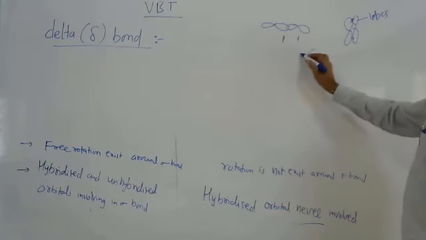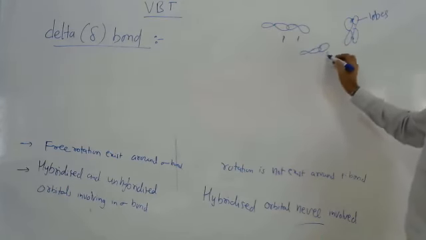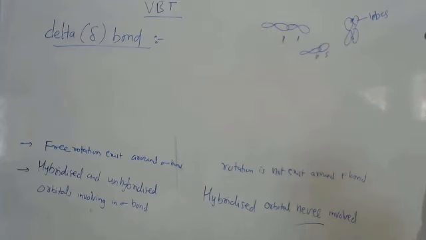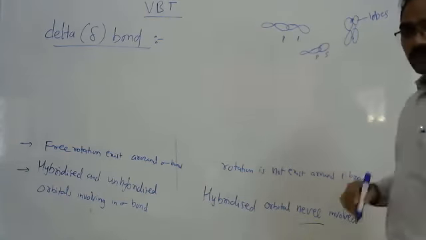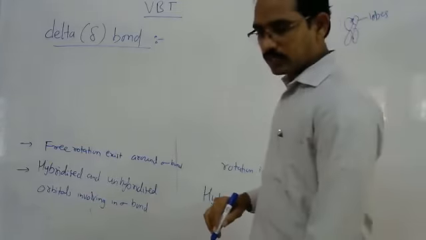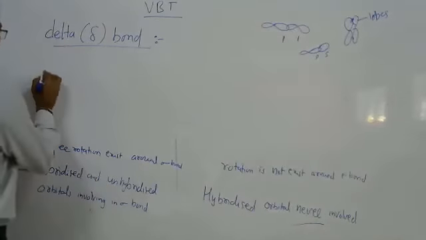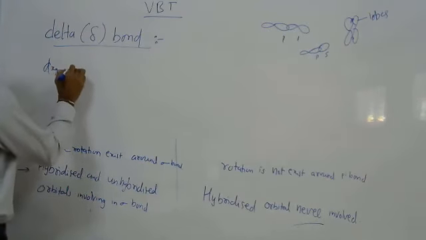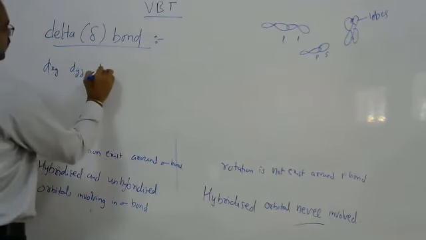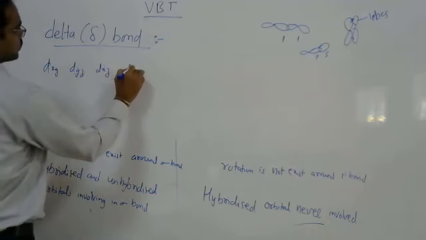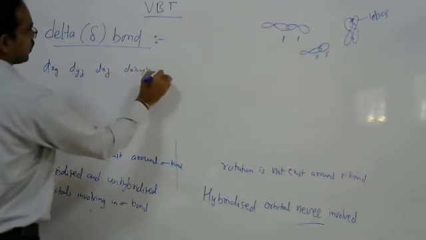Even S and P is there, like this. But if you take d orbitals, they are double dumbbell shape: dxy, dyz, dxz, dx square minus y square and dz square.